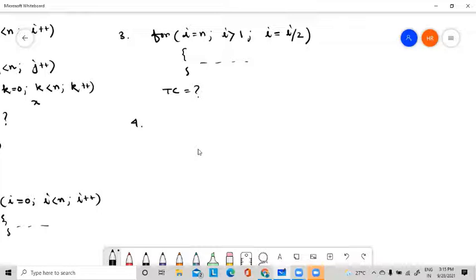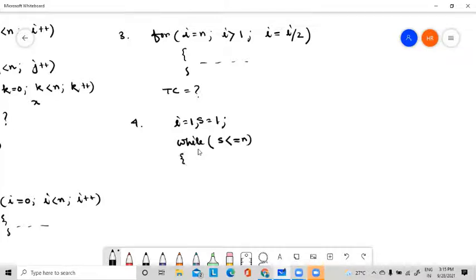Now let us take another example or problem. Let I equal to 1 and say s equal to 1, then a while loop, and inside the while loop s is less than or equal to n.